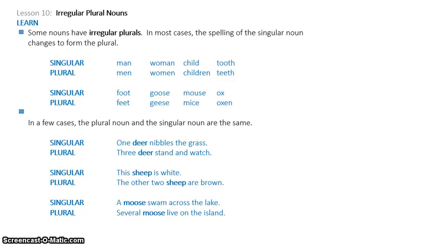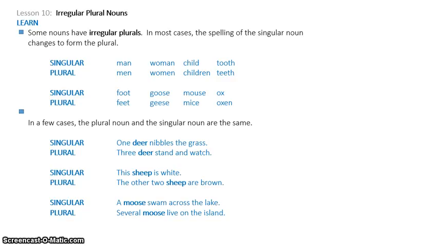This says in a few cases, the plural noun and the singular noun are the same. These, I think, are the trickiest ones because there is kind of a rule behind this one. So you say singular, one deer nibbles the grass. Plural, 3 deer stand and watch.